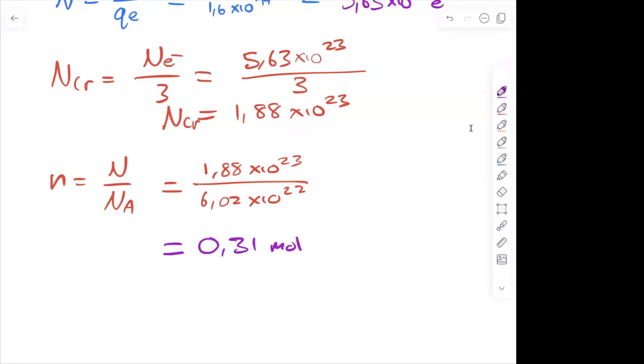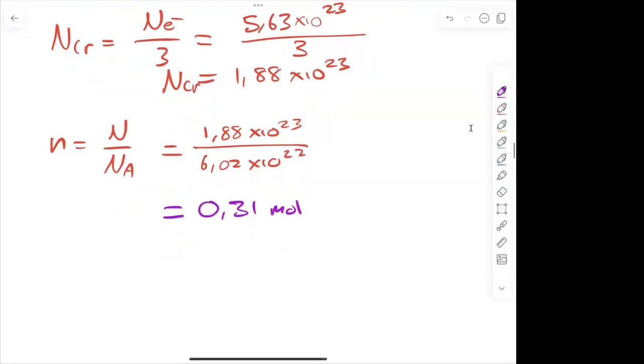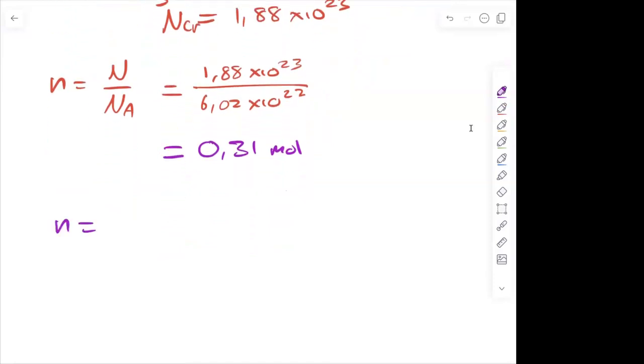I still haven't answered my question because the question is asking for the mass gained by that electrode. So we're going to take the number of moles and work out the mass. Remember, how do we do that? n is equal to small m over big M. We're looking for the mass in grams, so we can substitute and solve.